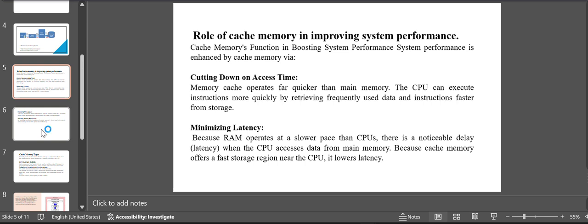Because RAM operates at a slower pace than the CPU, there is a noticeable delay when the CPU accesses data from main memory. Cache memory offers a fast storage region near the CPU, so it has lower latency.